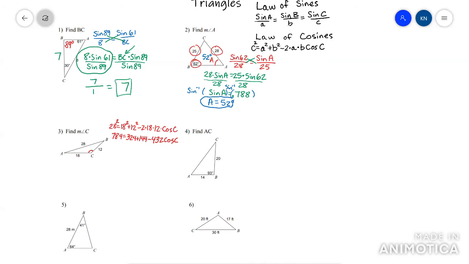So now I'm going to add these numbers. 324 plus 144 is 468. I'm showing all my work because a lot of kids get stuck on just the solving portion of this. So now I'm going to minus 468.